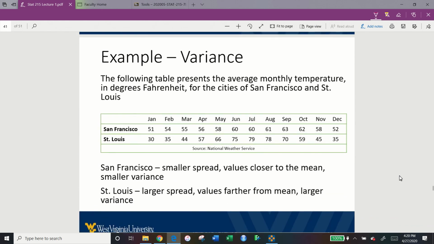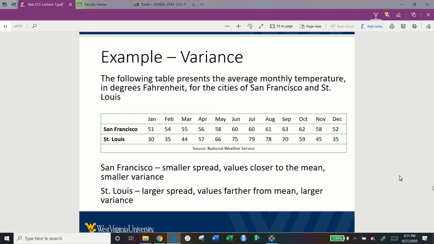So the following table represents the average monthly temperatures in degrees Fahrenheit for the cities of San Francisco and St. Louis. Now, if we take a look at the data for San Francisco, we can see that all the temperatures are somewhere in the 50s and 60s, whereas in St. Louis, we have temperatures in the 30s all the way to the high 80s.